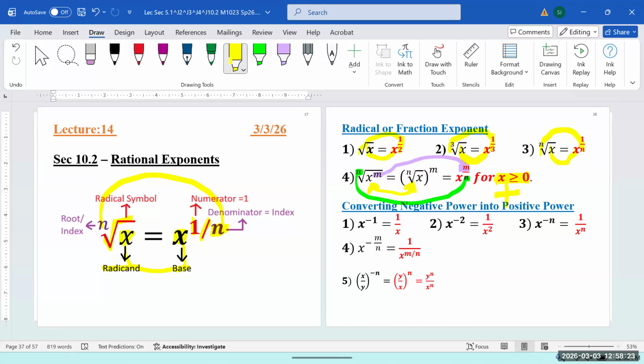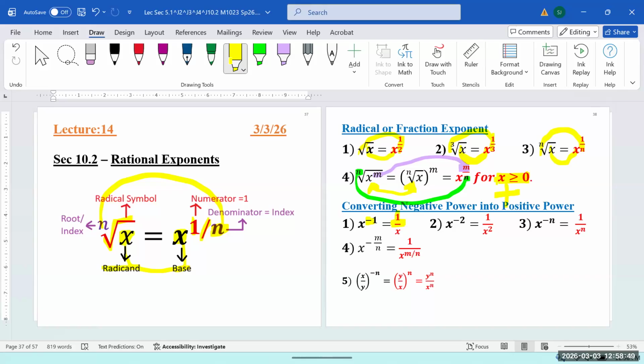The next one is about negative exponent. Anytime you see negative, this negative itself turns into 1 over. Just like the radical symbol turns into 1 over, the negative symbol on the power turns into 1 over. So negative power turns the entire thing into a fraction, where the radical turns only the exponent into a fraction.